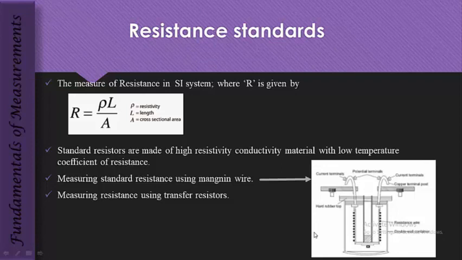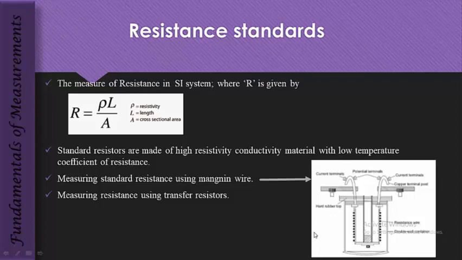So all laboratory standard resistances were called transfer resistances. They took these transfer resistances in a sealed container, that is a moisture-free oil sealed container, and the resistor was made of polyester film.